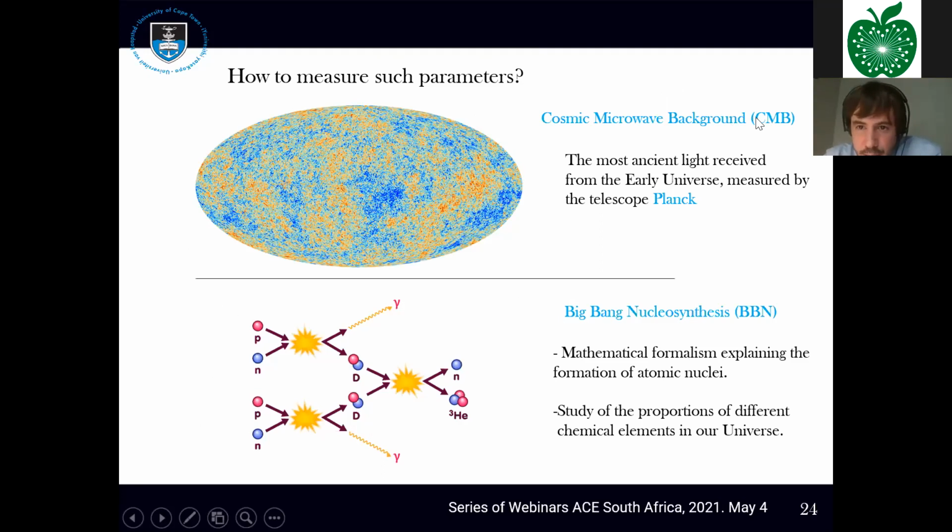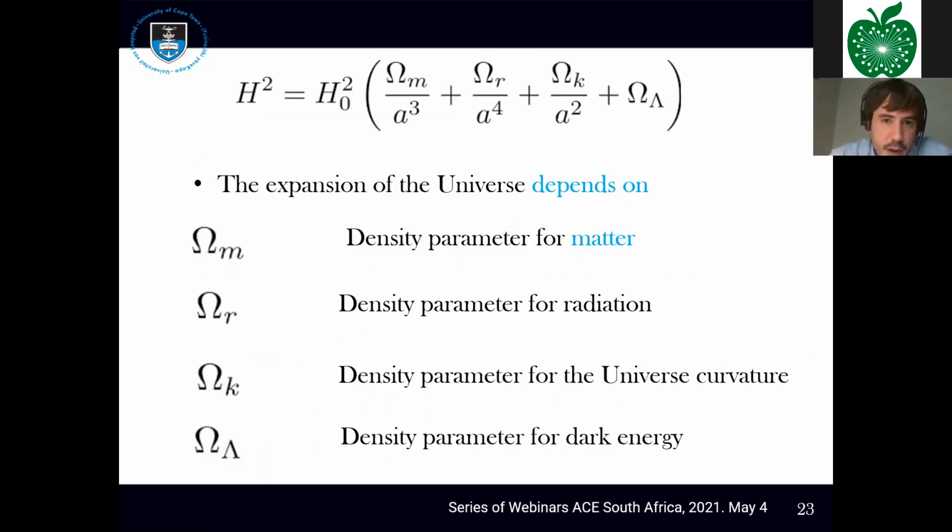The CMB is the most ancient light received from the early universe, the oldest light we received from the Big Bang. It was measured mainly by the Planck telescope. With the observation of it, we can set some of the parameters you see here.